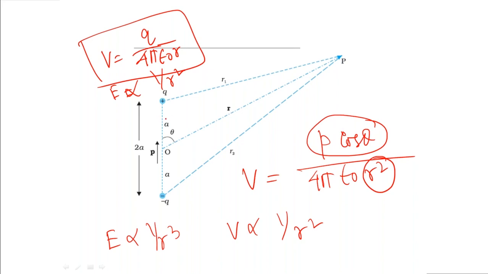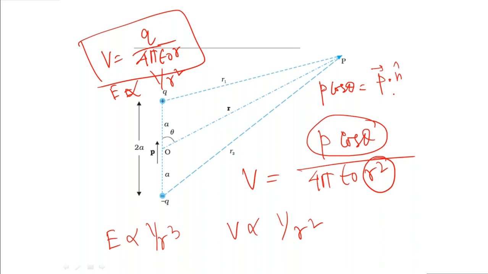N cap means the direction, any unit vector. I take any unit vector, and this is the dipole direction, and the angle between them is theta. If you take this dot product, you take the magnitude of each and the cos of the angle between them. The magnitude of the unit vector is 1, so I can write p cos theta as p dot n cap.